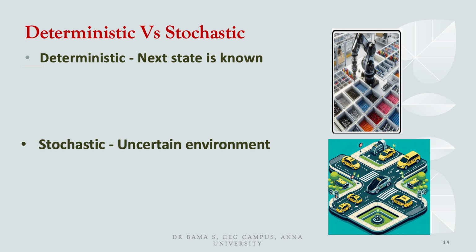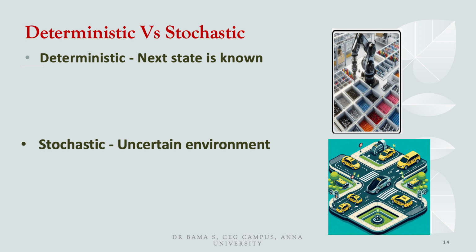The third one is the deterministic versus stochastic property of the environment. Deterministic means that the next state after an action is known. Suppose an agent does some action; if we take the part picking robot, the robot would place a particular color in that particular bin, and after that it knows that that particular part is actually in that bin. It is known.